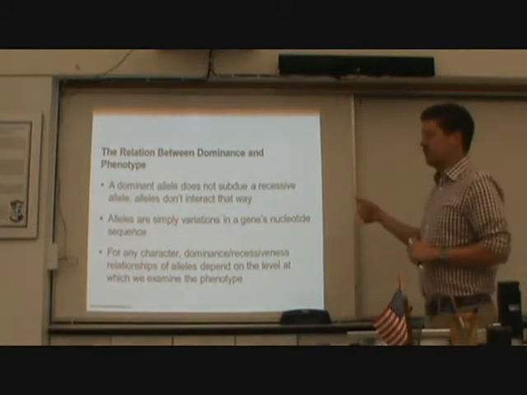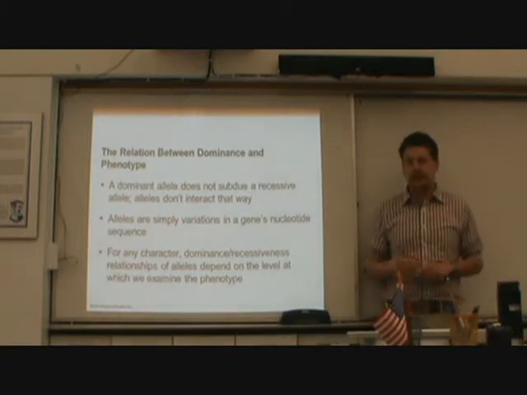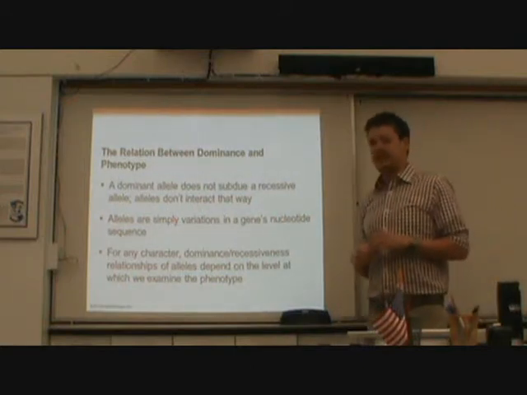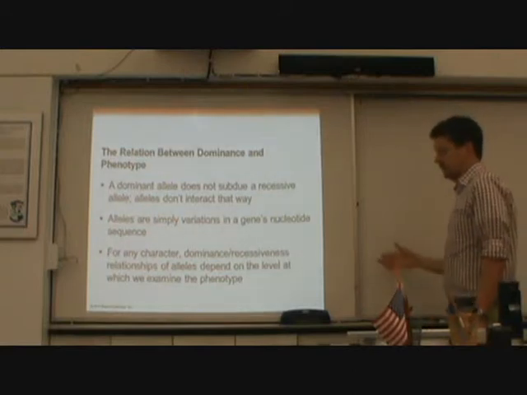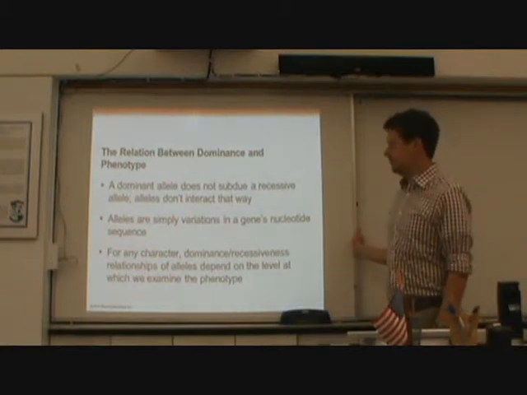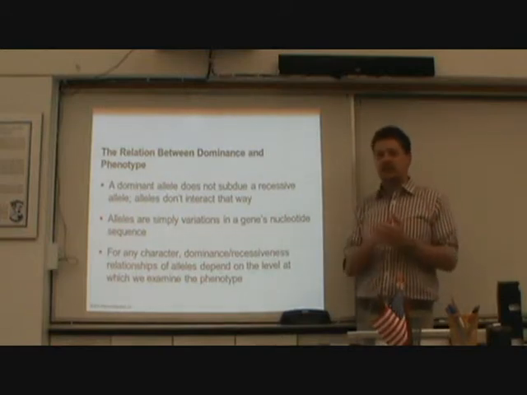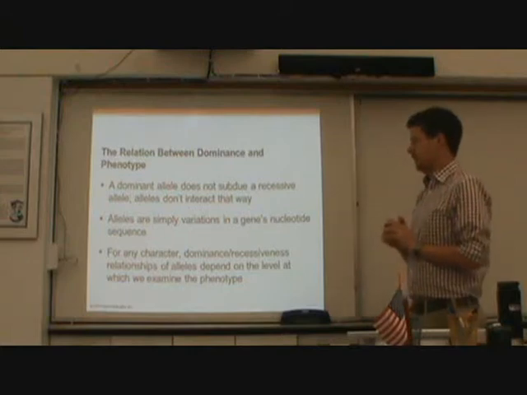All right, so the dominant allele doesn't always, they say here, subdue, which is kind of a funny image, doesn't always subdue a recessive allele. That's just not always how they do their thing. Anyways, that's just not what's actually happening at the microscopic level.